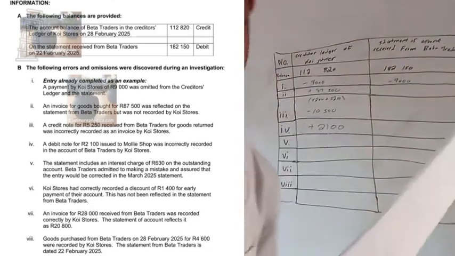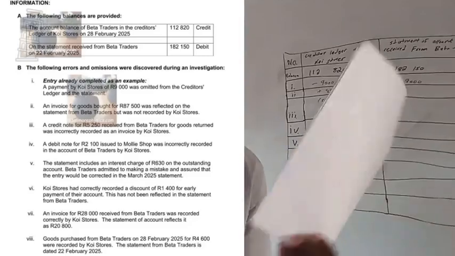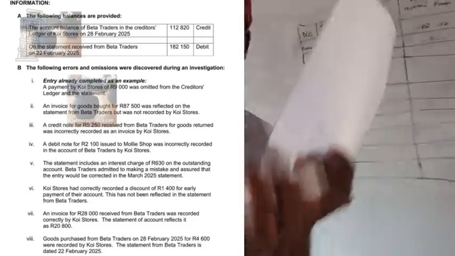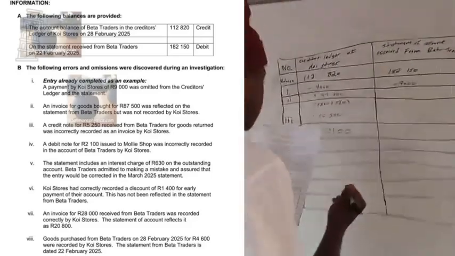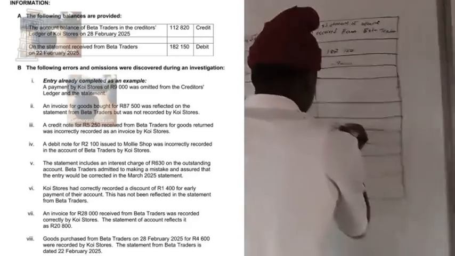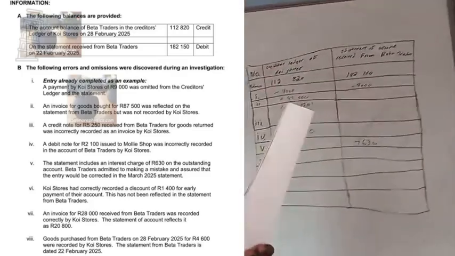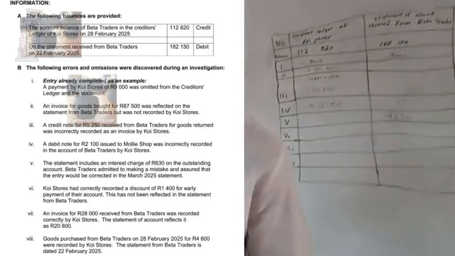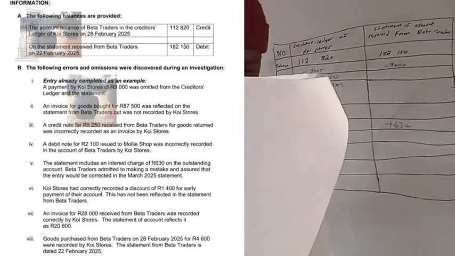They charged us interest because we owe them money. So that money they charged interest because it's outstanding. So we say plus 630 interest because we owe them. We owe them our outstanding account plus interest, 630 interest. Okay? And then Roman numeral 6.